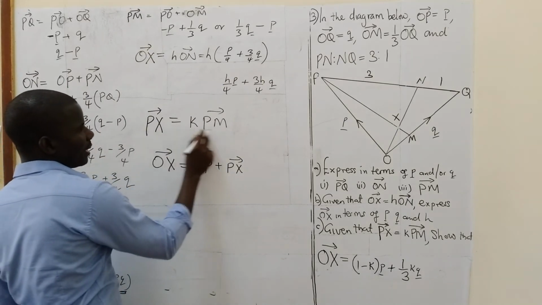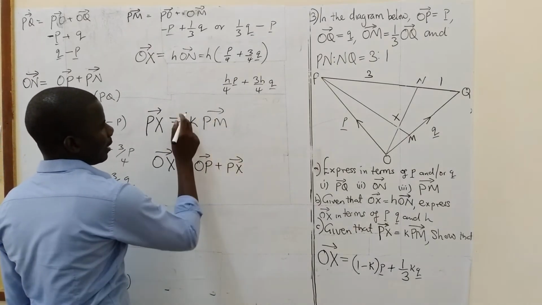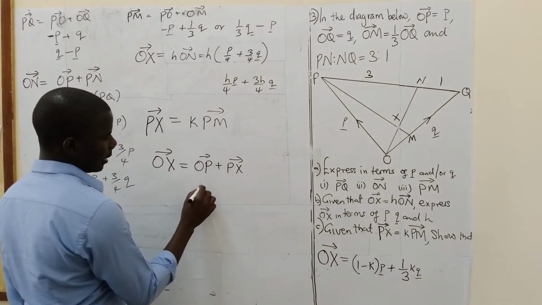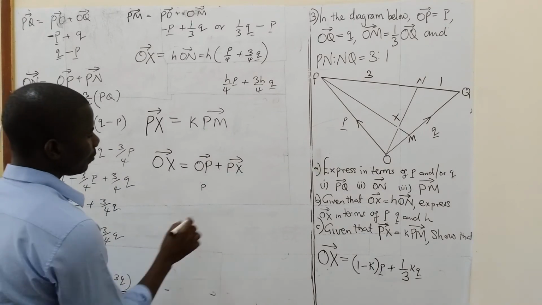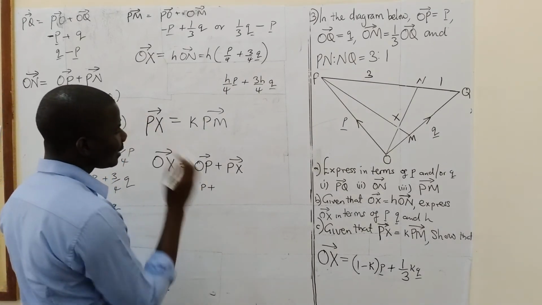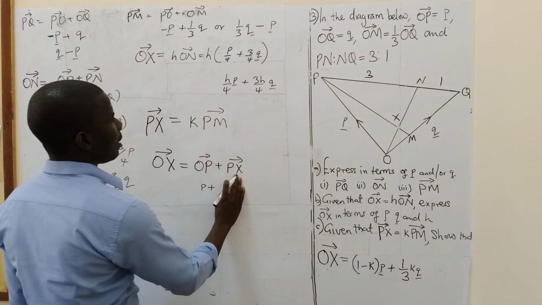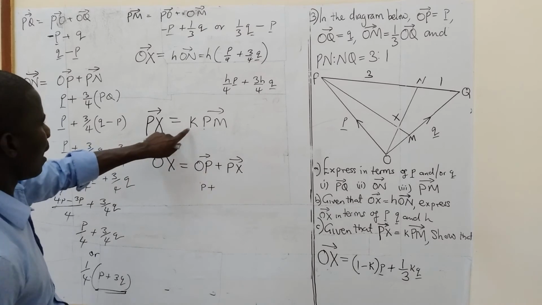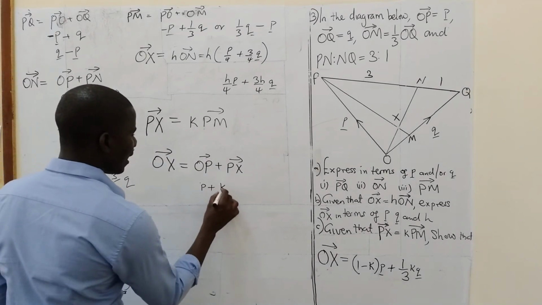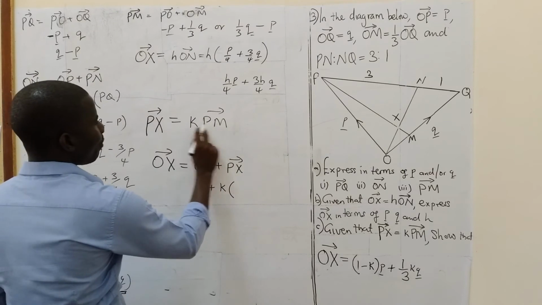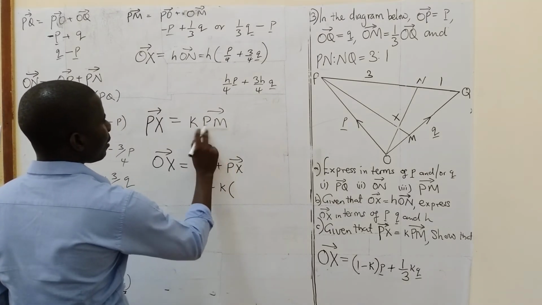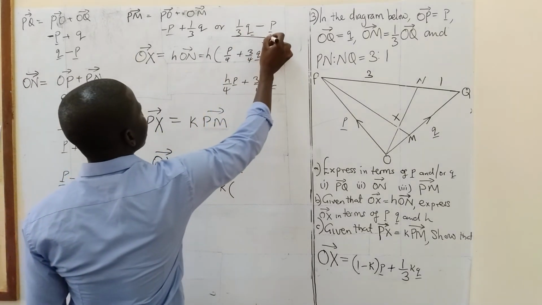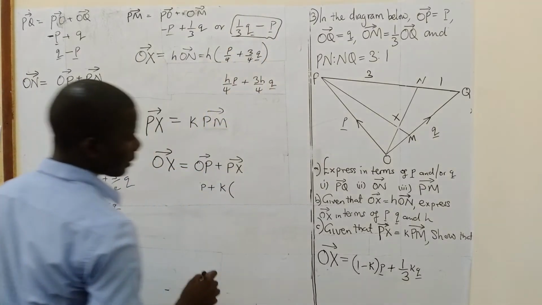Our Px has been given as K Pm. So our OP is P. Then plus, what is our Px? Our Px, we are going to have K, open brackets, and put our Pm. Our Pm is this one.